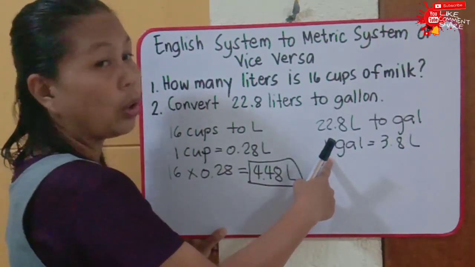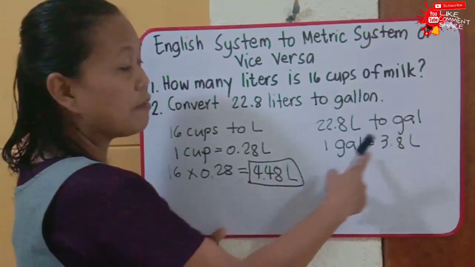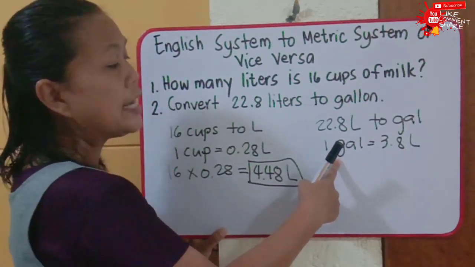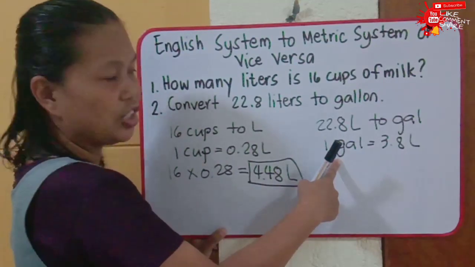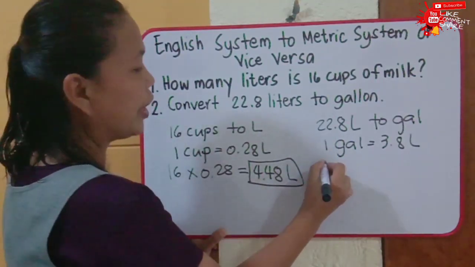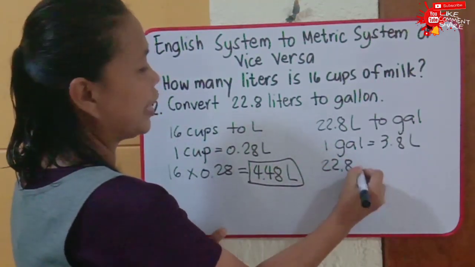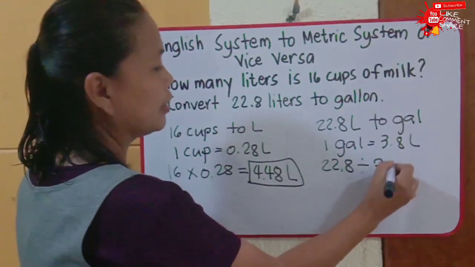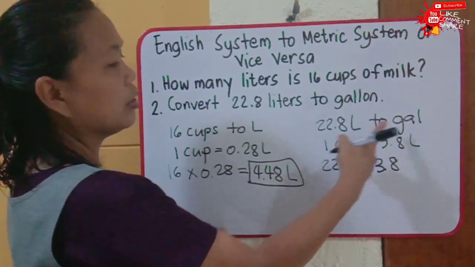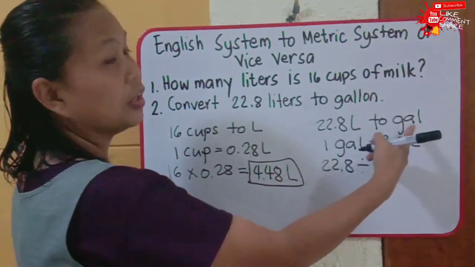So this is true to all conversion. If it is the reverse of the conversion factor, it means that the operation to be used is division. So we will divide 22.8 by 3.8 so that we can change it from liter to gallon.